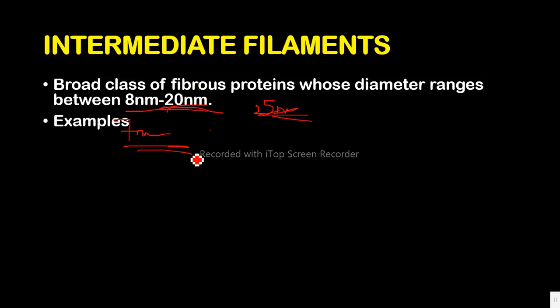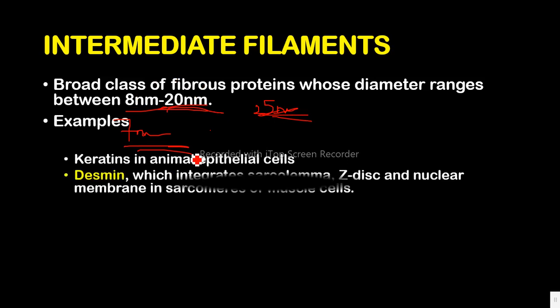And what do they do? For example, we have keratins, which are found in animal epithelial cells. We have desmins. These are found in muscle cells, and they are responsible for muscular contraction. They integrate the sarcolemma, the Z discs, and the nuclear membrane in the sarcomeres of muscle cells.